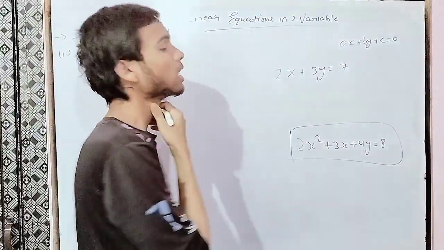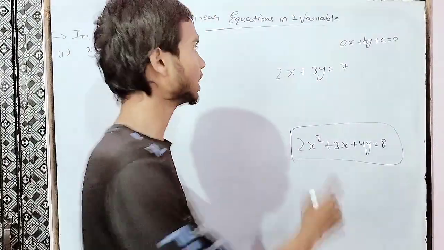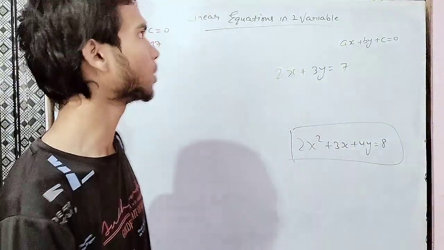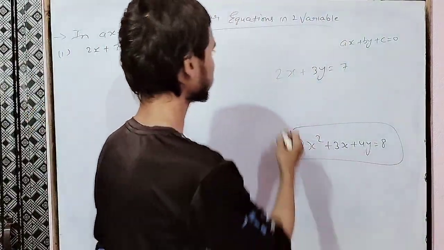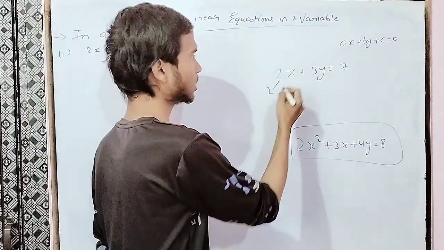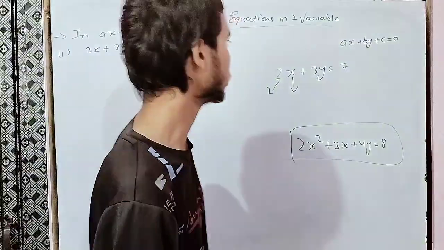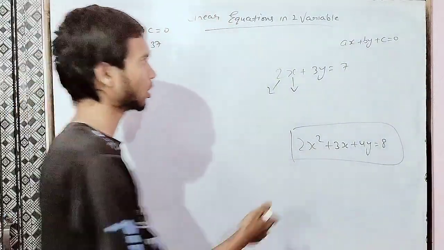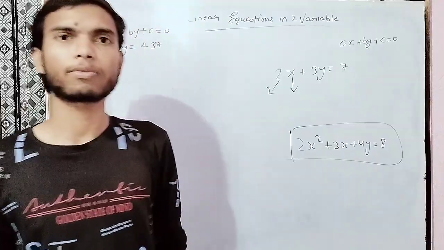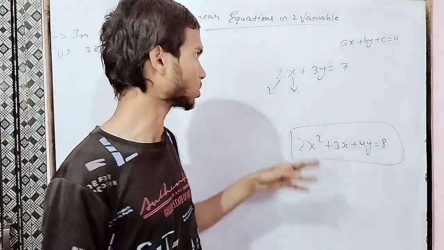Now, in this case, the exponent of the given variable is 1. That's why this given polynomial is a linear equation. Now, this is considered a coefficient. This is a variable, which means it changes in a system. Coefficient numbers are those numbers that are with the variable in multiplication.